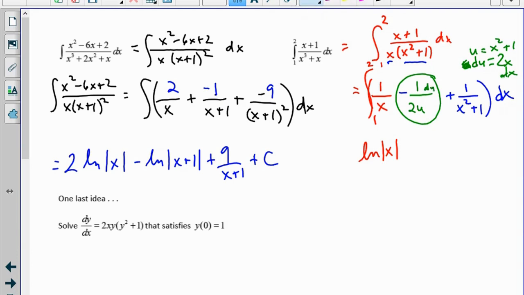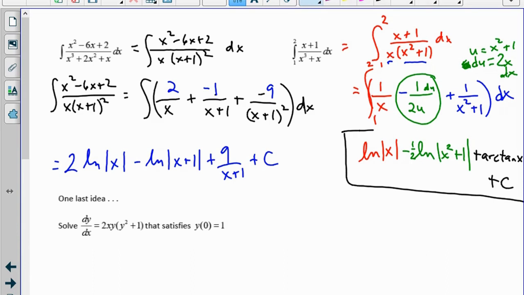So when I integrate that, that's going to be minus the natural log of the absolute value of u with a 1/2 in front, because this 2 can move to the outside since it's a constant. So 1/2 natural log of u, remember u was x squared plus 1. And then we should know the back part already. The integral of 1 over x squared plus 1 is arctangent of x. And then we have a plus c.